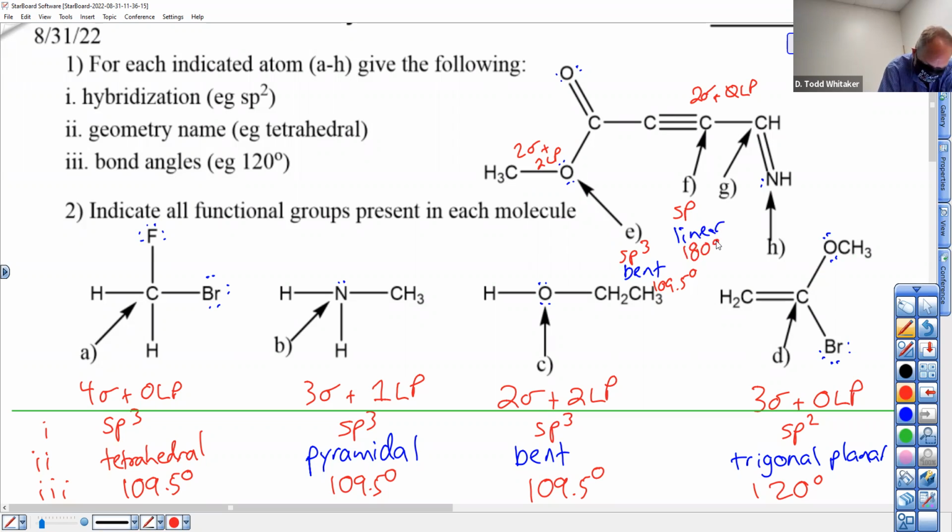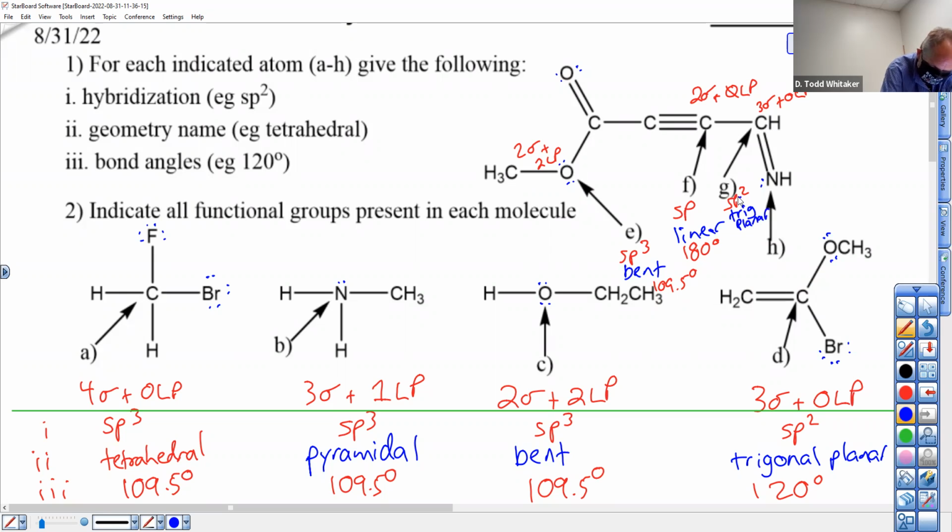G is 3 sigmas. Don't be fooled by that H there. There's a bond to it, right? Yeah, 3 sigmas plus 0 LP. G is sp2, and it's trigonal planar. Can I go trig planar? Since I don't like the planar anyway.